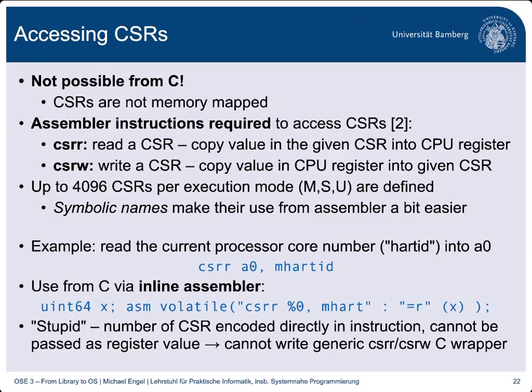Now, this is one of the stupid parts of the RISC-V implementation, because the number of the CSR we want is directly encoded in the instruction instead of passed as a second parameter. So it cannot be passed as a register value, so we cannot write one generic CSRR or CSRW C wrapper function. We have to write or generate a function for each of the CSRs we need. This is a bit strange, but that's the way it is in RISC-V, unfortunately.